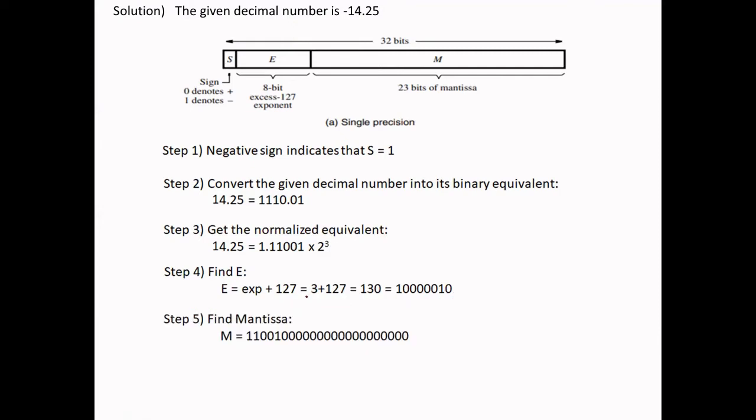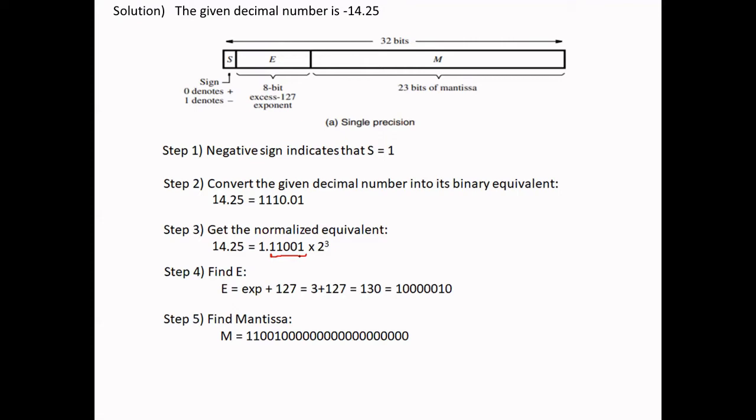Once E is determined, we go for the mantissa, which is 23 bits. The mantissa we get from here to here; this leading one we need not consider.